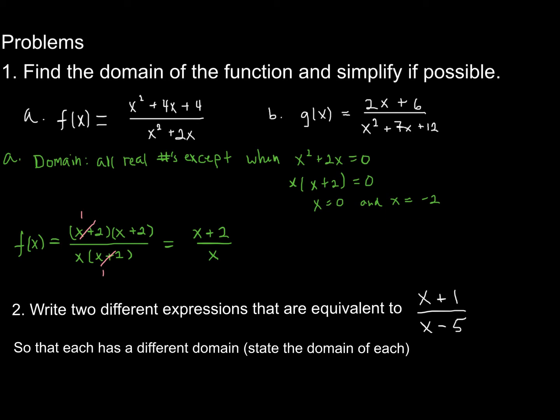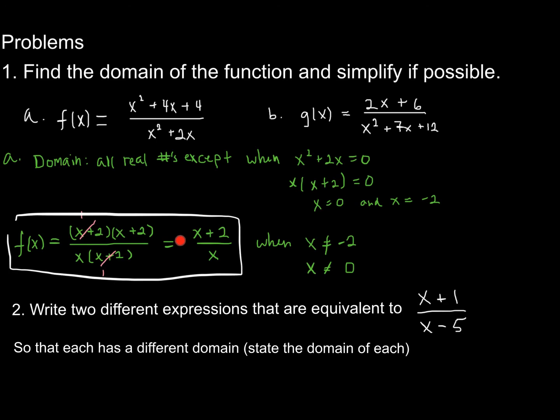Remember, if it were equal to -2, our original function would be undefined. And so we say when x is unequal to -2, and we should just go ahead and include that we can't have x be equal to 0 anyways. It would be undefined, and that's pretty obvious still in the simplified form. So here we've simplified our function f of x into a much easier to handle function.